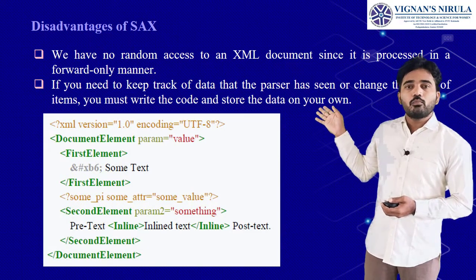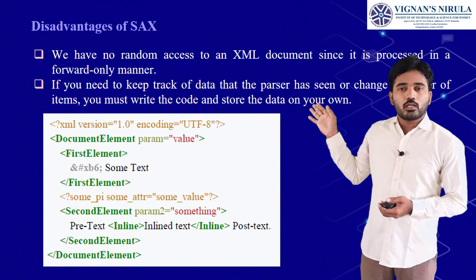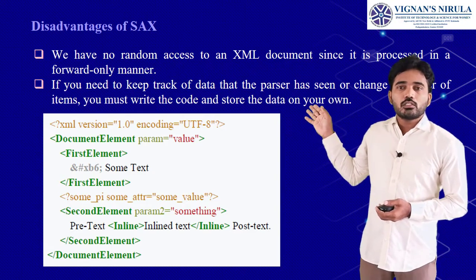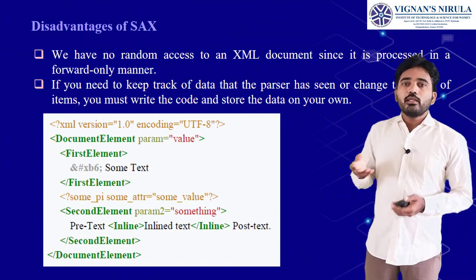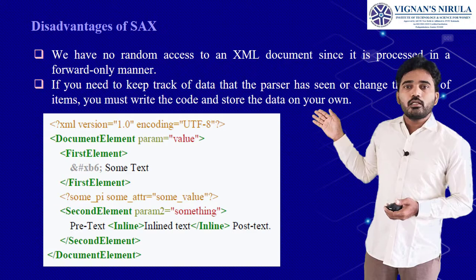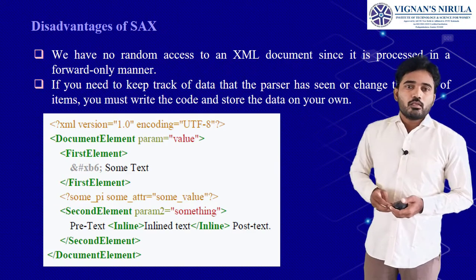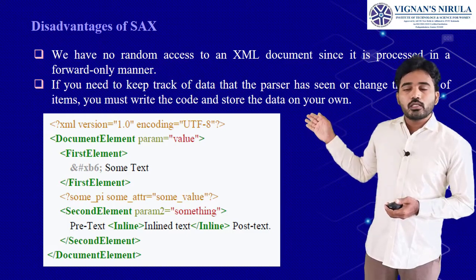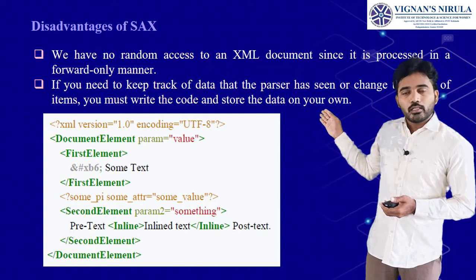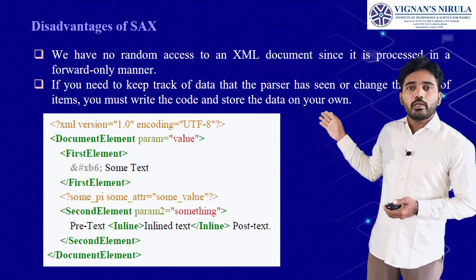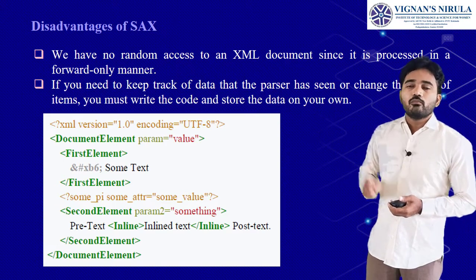Here in this example, first we have used an XML processing instruction, version equals 1.0 and encoding equals UTF-8. Thereafter I have created a root element named document element, with an attribute param with a value. Then I have created a first element and written some text. After that I closed the first element, and wrote another processing instruction with some name, some pi, some attribute and some value.